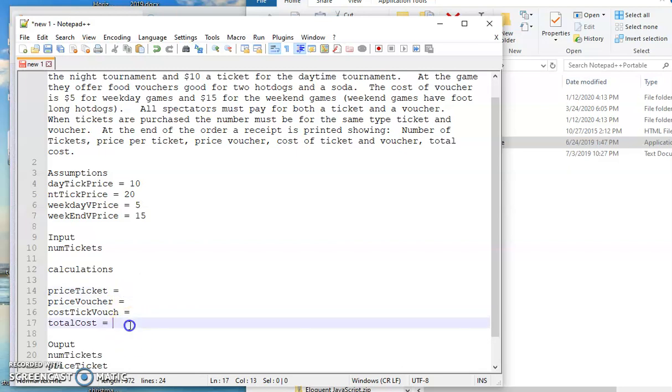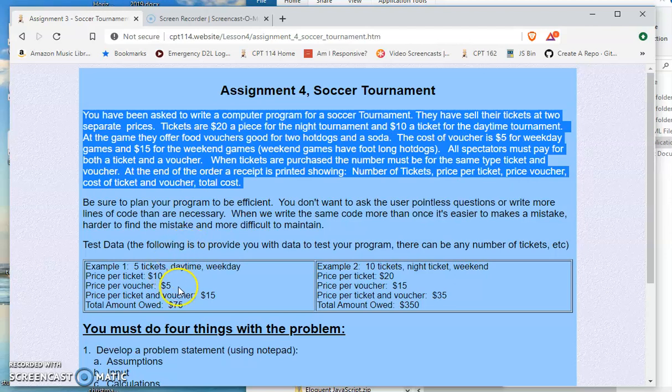All right, so the total cost is pretty easy. The total cost, if you take a look at what the problem says, let's bring that forward. I have 75. How did I get 75? Well, I have $15 for the price of the ticket and the voucher, and I want 5 of them. So 5 times 15 is 75.